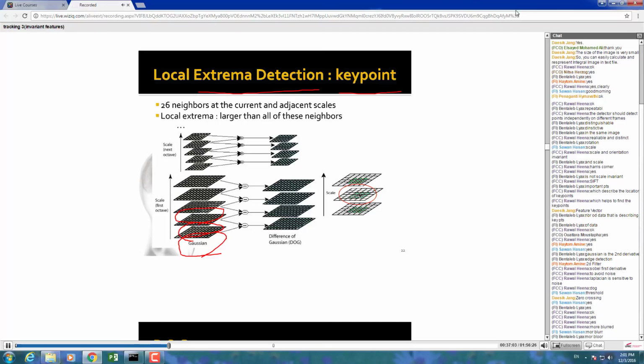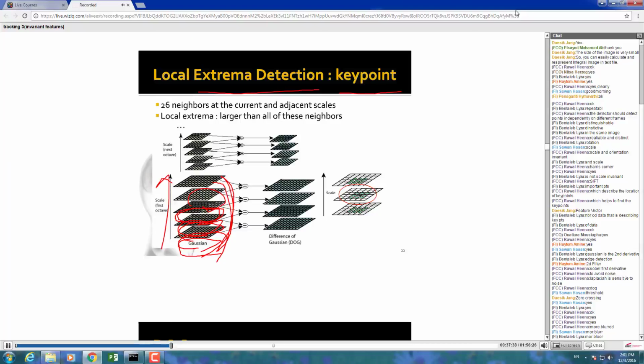Yes, it becomes more blurred. So by increasing the sigma, we start with the original image, then a little bit more blurred, and with bigger sigma it gets more and more blurred. This stack of different Gaussian images is the scale space.